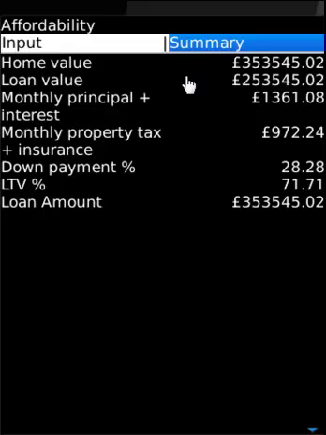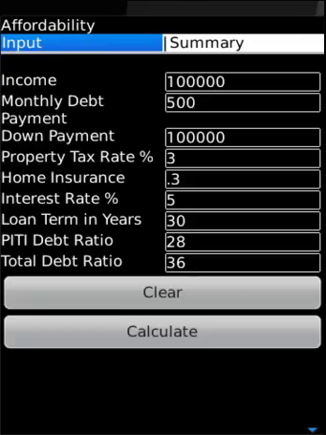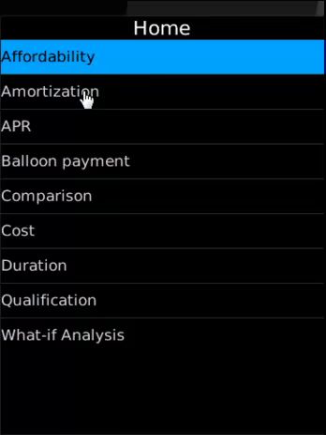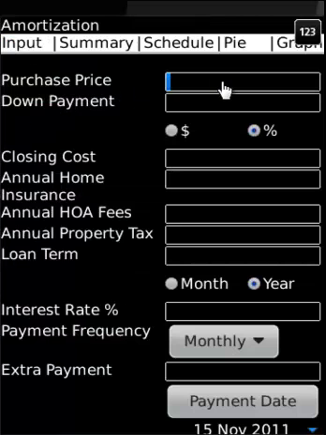So we can see that the home value is 353,000, along with the loan value, monthly payment and interest, property tax, down payment, loan to value, and loan amount. Okay, how much of a loan can we obtain based on the income. So amortization: the purchase price, and the down payment is 20%.